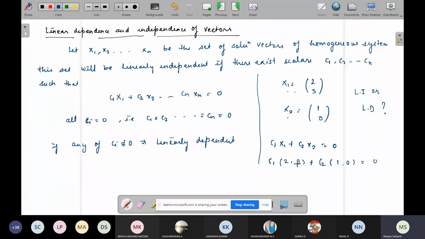Now multiply this inside. This is the column vector, so when we are writing in this form, you need to take comma, like an ordered pair. That means transpose of this.